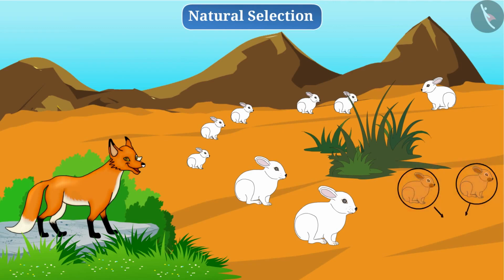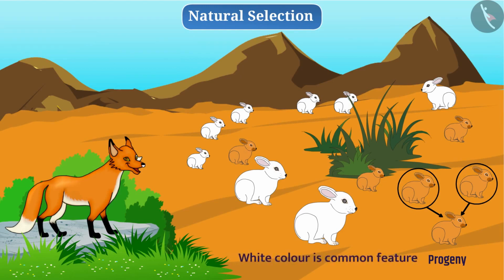Brown rabbits will give their brown color to their progeny, because of which the color of all their offspring will be brown. The number of white rabbits here is higher than the number of brown rabbits. So, white color is a common feature in this situation.